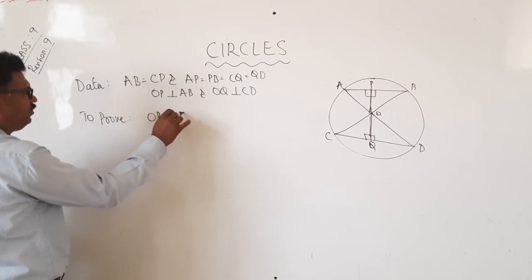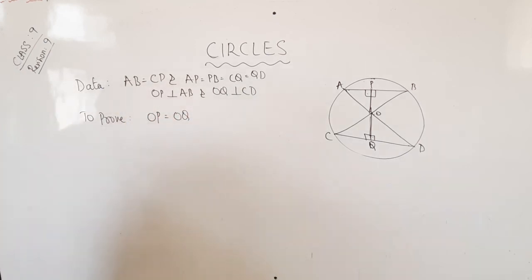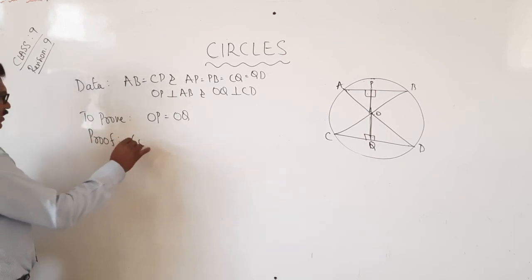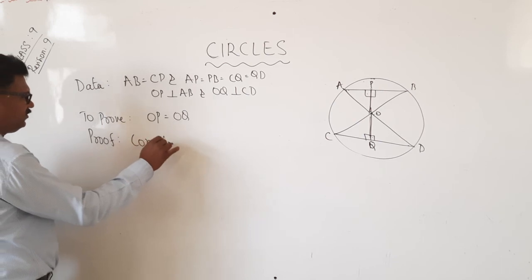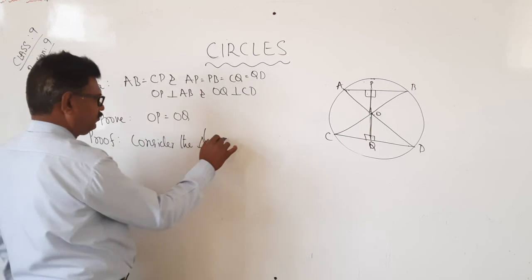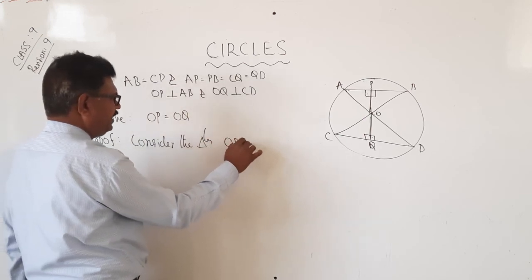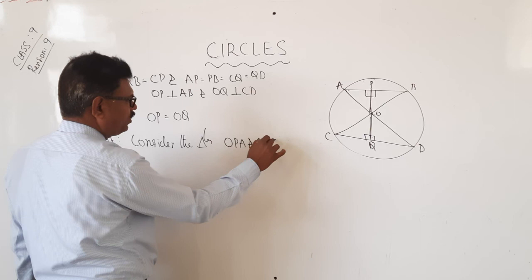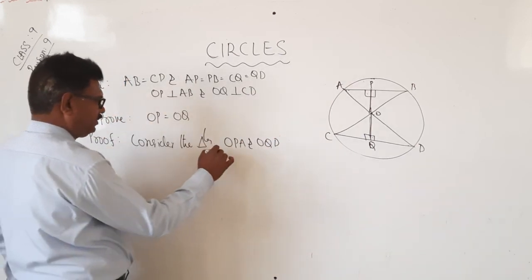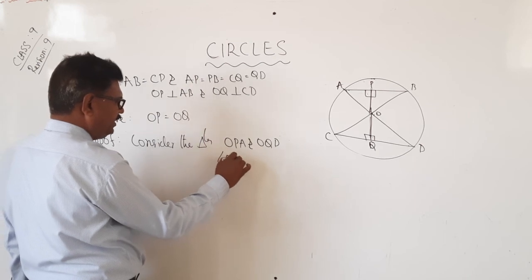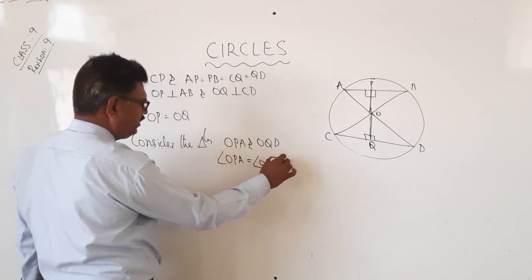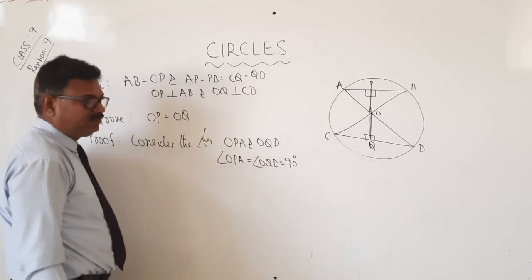OP equal to OQ. Next, proof. Consider the triangles OAP and ODQ. Angle OPA is equal to angle OQD equal to 90 degrees.